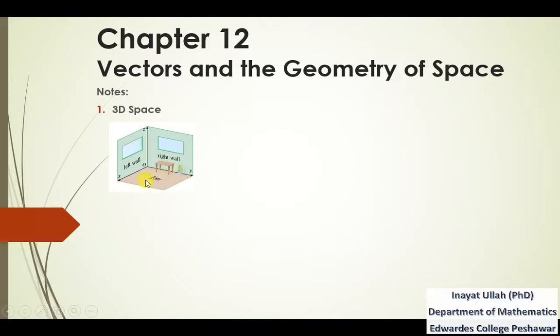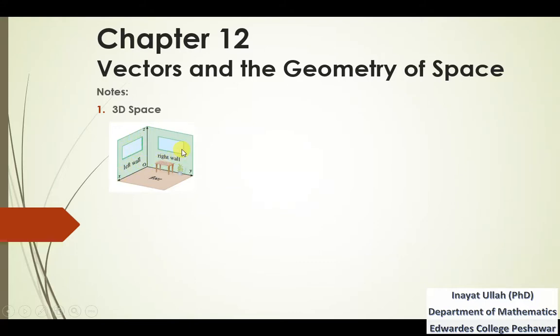So this floor is actually called xy plane. And if you look at this left wall, this wall is made of x-axis and z-axis. So this plane is actually called zx plane, because this is made of zx.